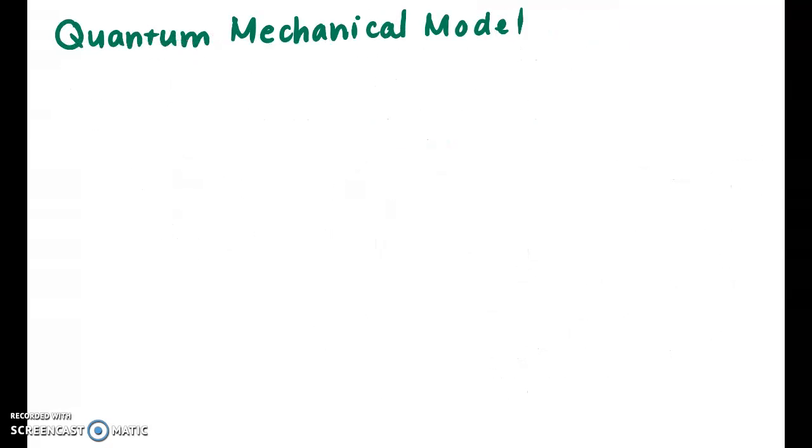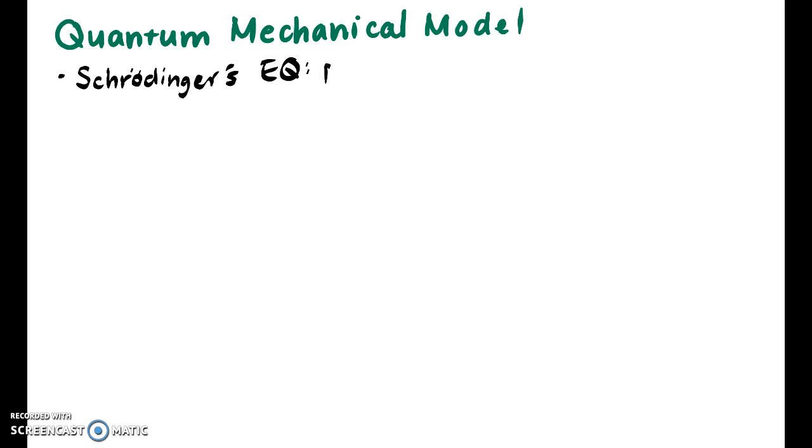Now we also have the quantum mechanical model, which is basically the one that's accepted today. And what it does is it uses Schrodinger's equation. And what Schrodinger's equation tells us is that we can't know exactly where an electron is and the speed it's traveling at a certain point in time.